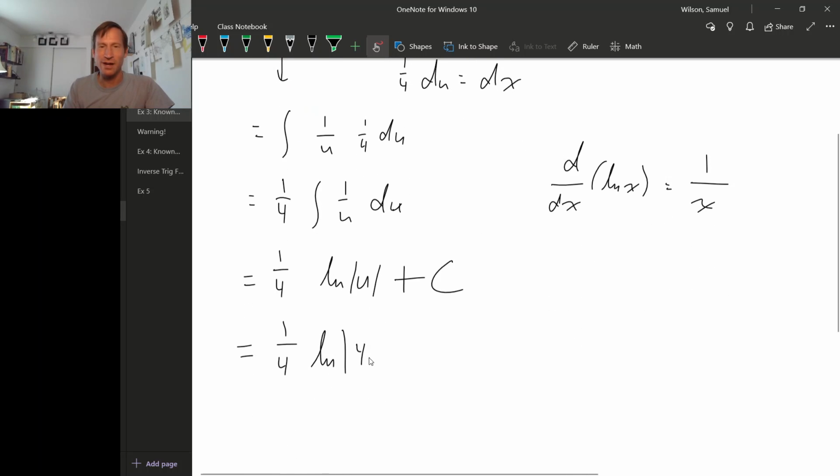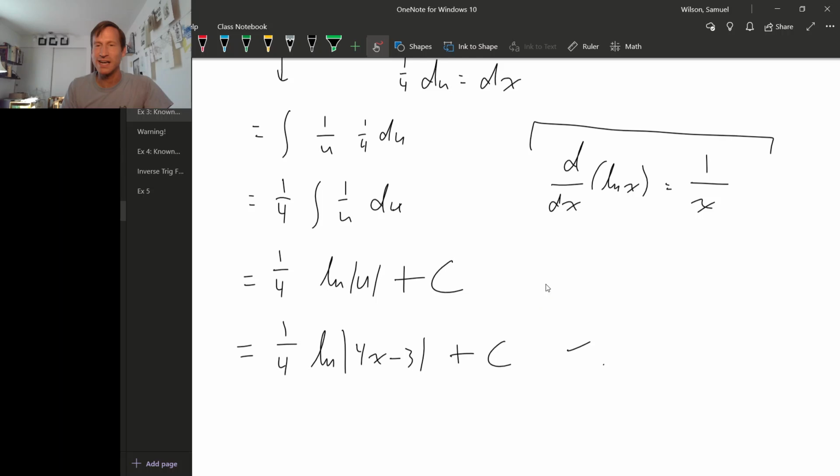So we need 4x minus 3 in here, plus our constant all the way on the outside. And there we go, we're done. So this derivative formula, the derivative of natural log x, gives us the antiderivative formula. The integral of 1 over x dx is natural log x. And for various reasons, often you want an absolute value there.